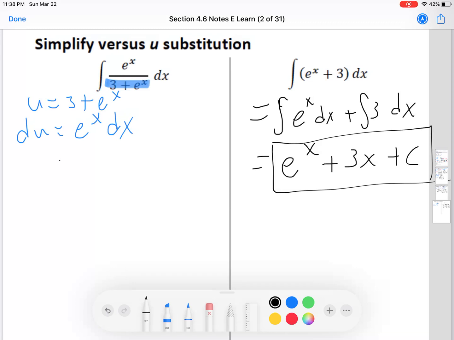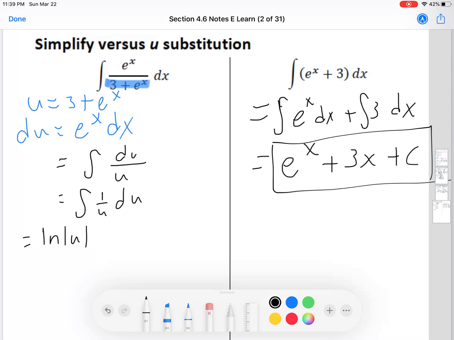And if I'm writing the integral expression in terms of u, in the numerator I have a du, because I have an e to the x dx, that becomes du. And in the denominator I just have a u. This is just the integral of 1 over u du. And it turns out that the integral of 1 over u is the natural log of the absolute value of u.